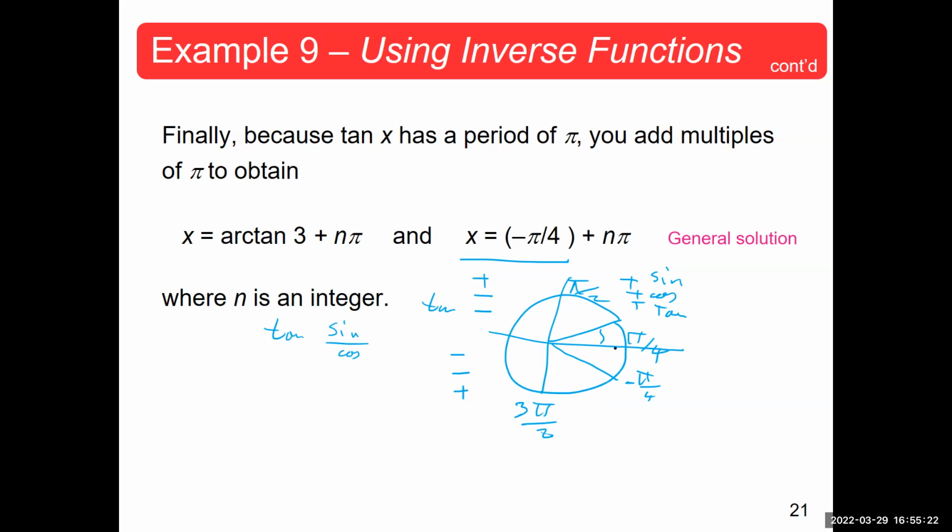Here the cosine is positive, the sine is negative, then the tangent is negative. So tangent is positive only in quadrant 1 and quadrant 3, and negative in quadrant 2 and 4.